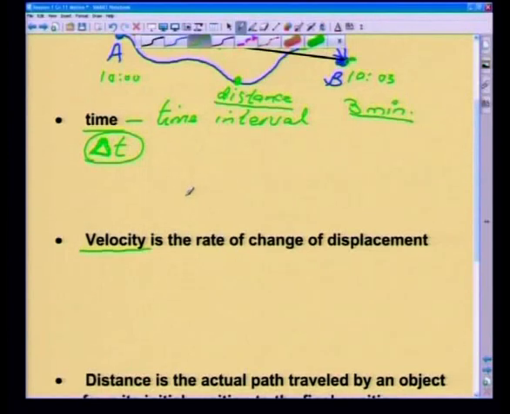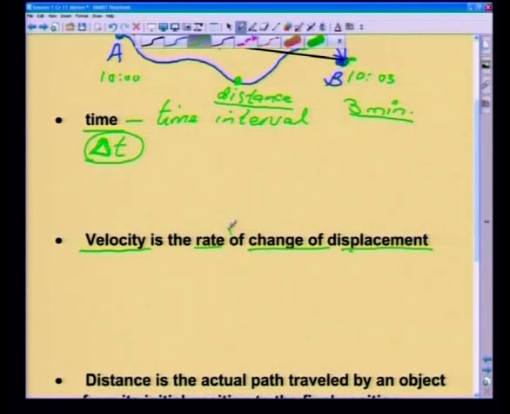Now let's come to one other important quantity that we use to describe motion. It is a quantity called velocity. Velocity is defined as the rate of change of displacement.